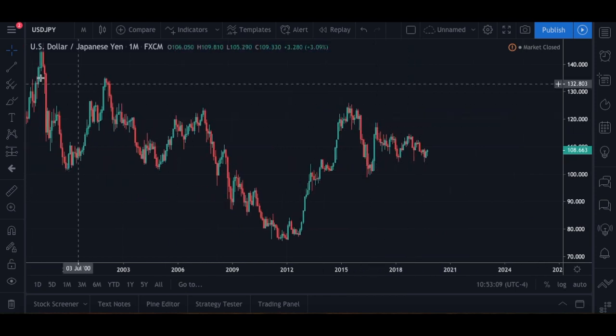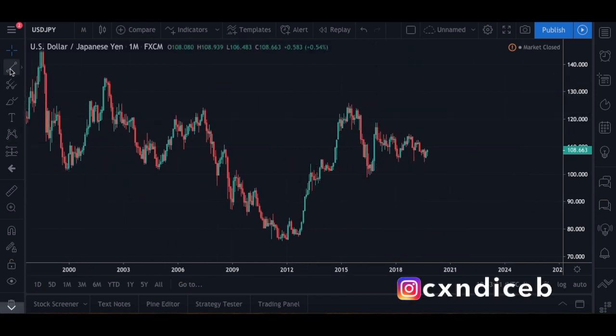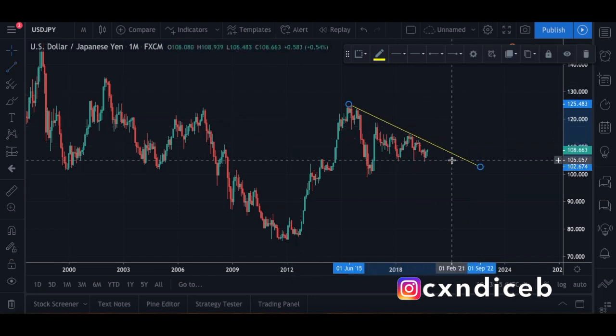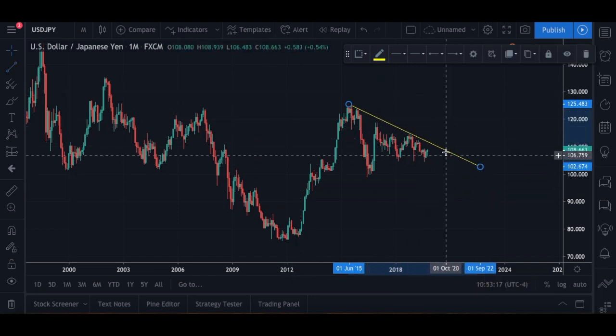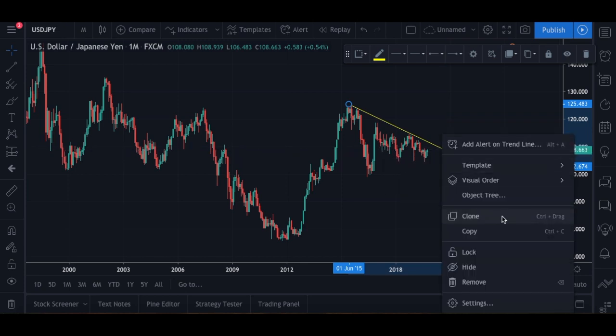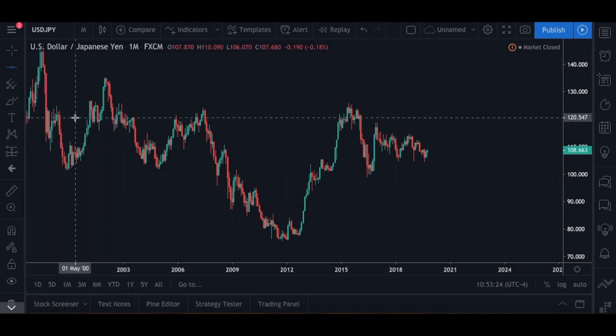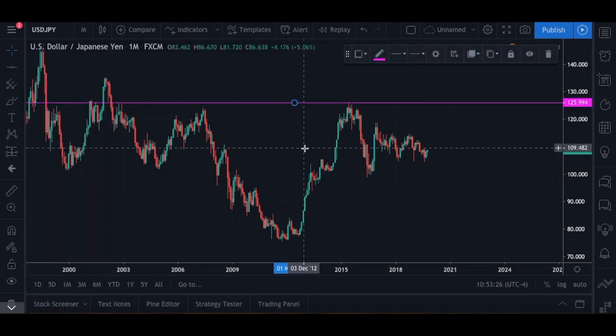But yeah, so I use trend lines to mark out trades like that. I use it to find where the bounces are and go from there. Another function I sometimes use is horizontal lines. People use it to draw out their support and resistance.